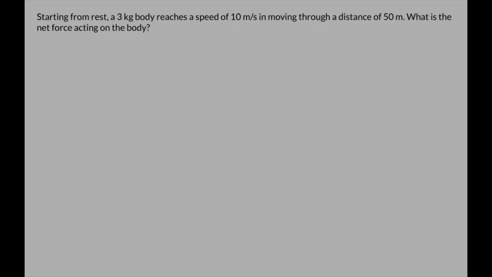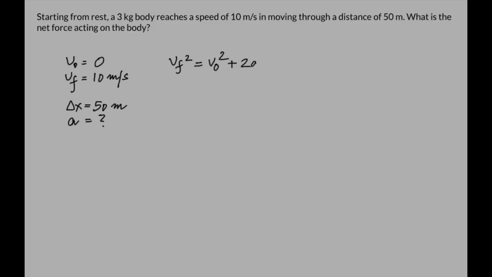So you go back into kinematics, and then you see that the initial velocity is 0, the final velocity is 10 meters per second, displacement is 50 meters. So we use those three and we find the acceleration. Once you get the acceleration, you just multiply it with the mass to find the net force acting on the object. So here are the quantities. The equation going to be used is this.